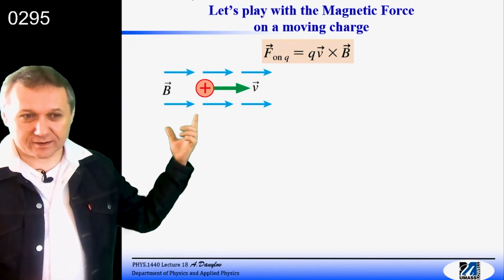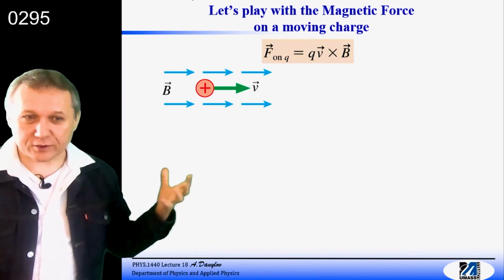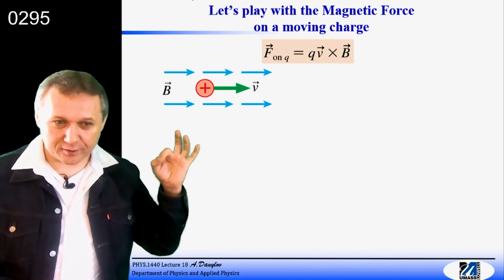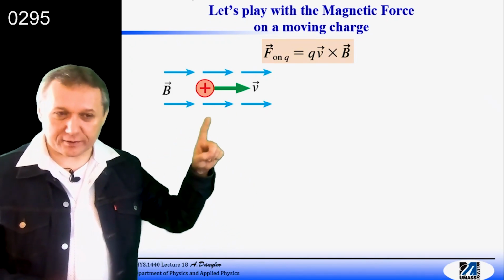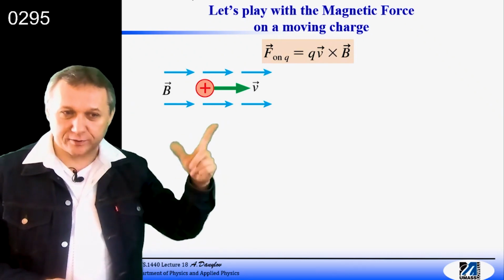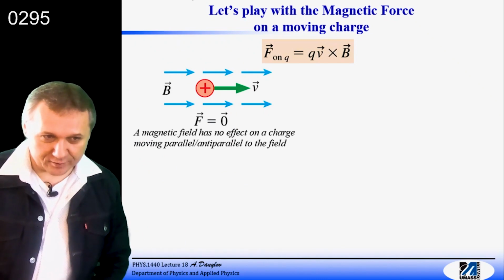Since the velocity is parallel to the magnetic field, what's the angle between them? 0 degrees. As a result, in the cross product there is the sine of the angle, and the sine of 0 degrees is 0. So in this case, the force is 0.